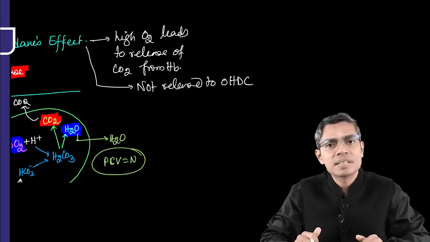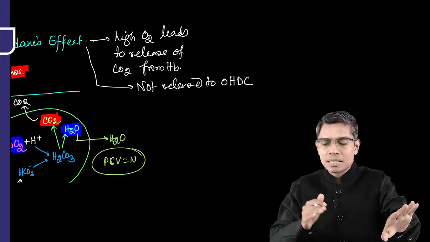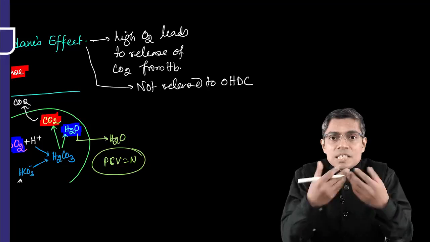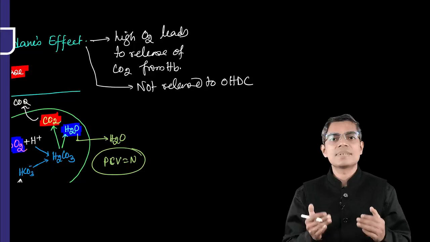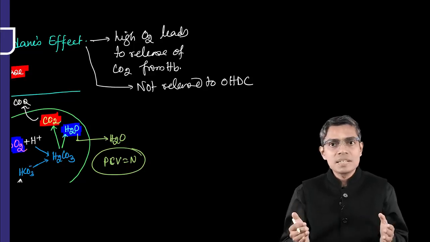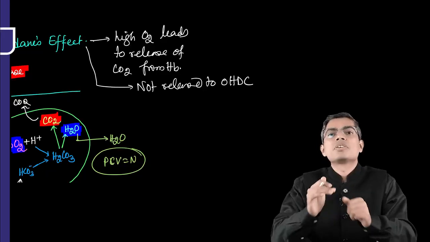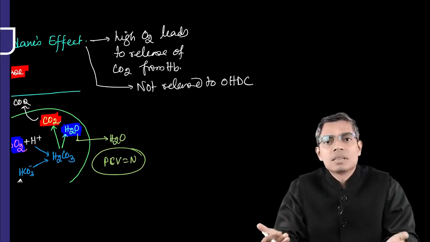And what the Haldane effect is saying? Haldane effect is saying in presence of oxygen, what is the relationship between carbon dioxide and hemoglobin? Whether the carbon dioxide will be released from hemoglobin or the carbon dioxide will not be released from hemoglobin. That effect is Haldane effect. So is it the relationship between oxygen and hemoglobin? Answer is no. Carbon dioxide and hemoglobin relationship is Bohr effect. Carbon dioxide release or not, that is Bohr effect.